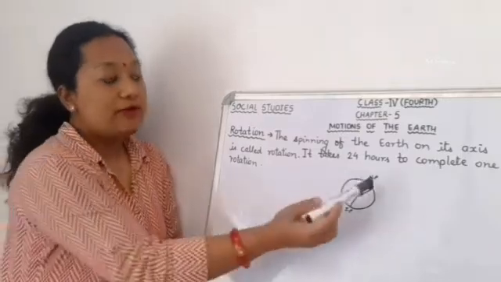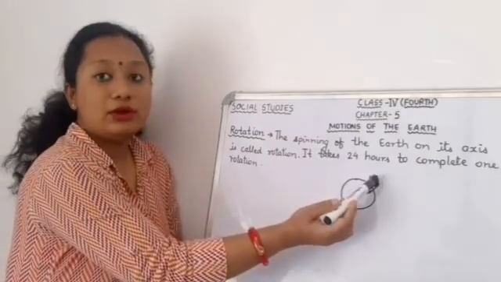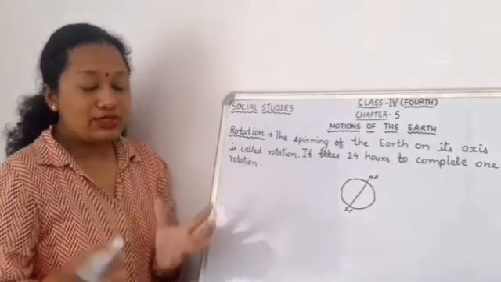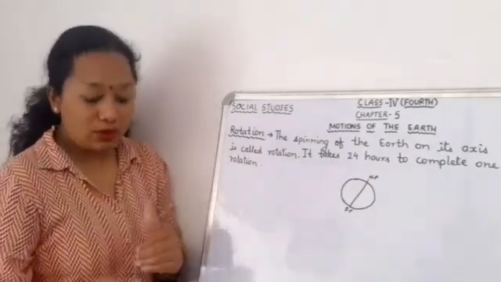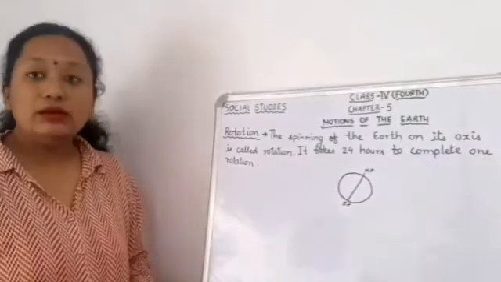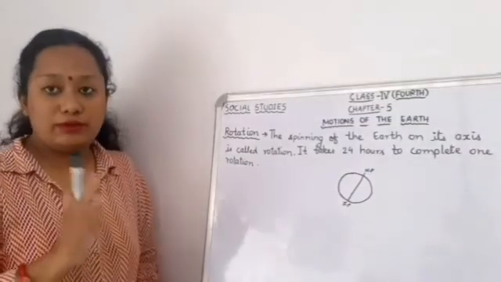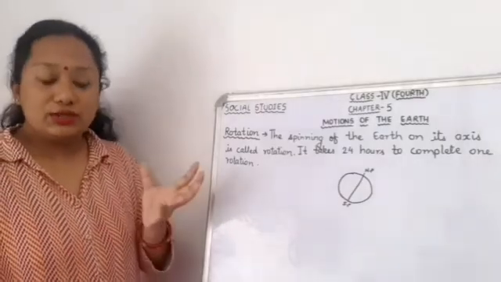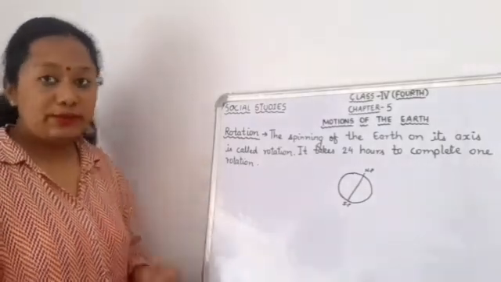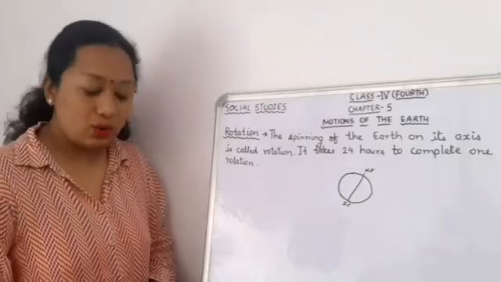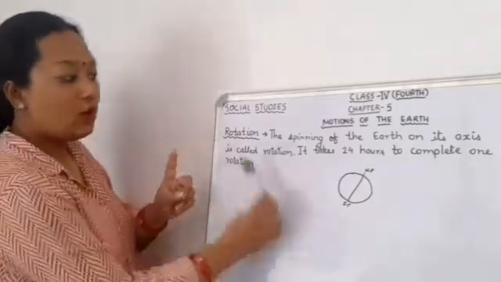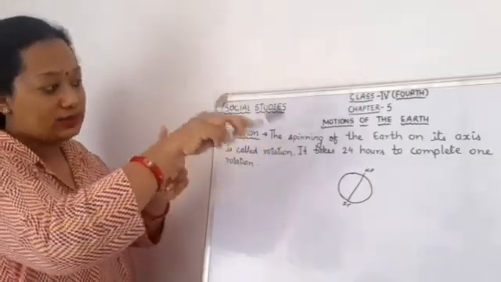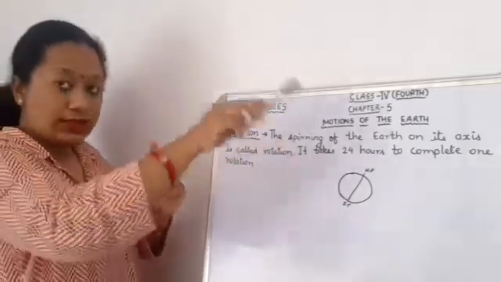Counterclockwise means anti-clockwise, just opposite to the way a clock moves. So, anti-clockwise, west to east.